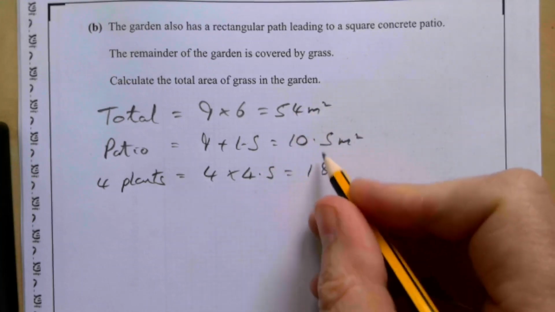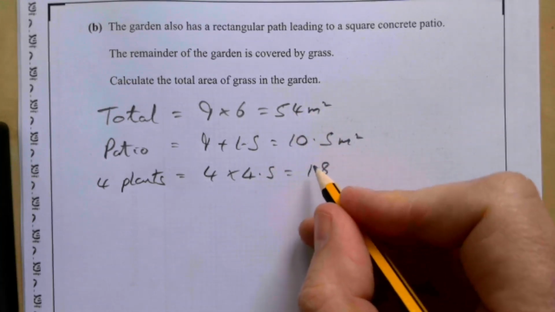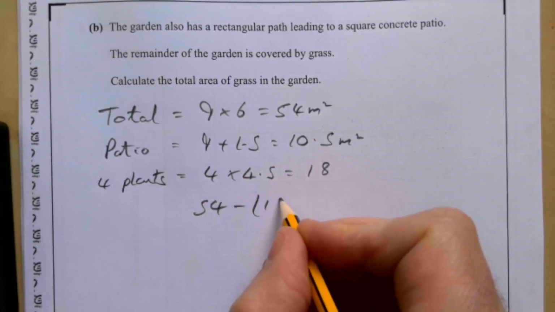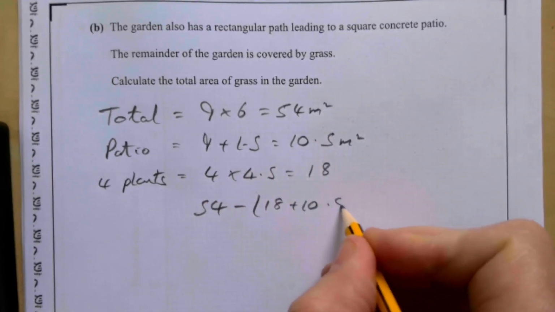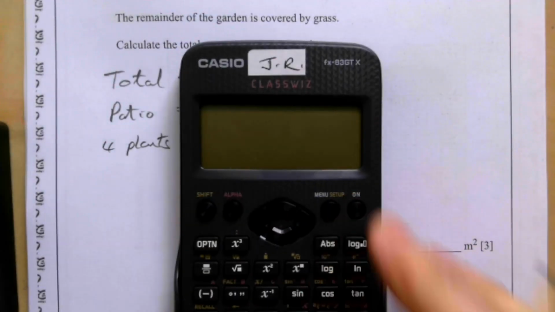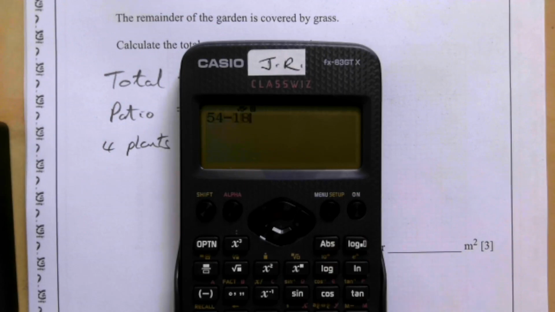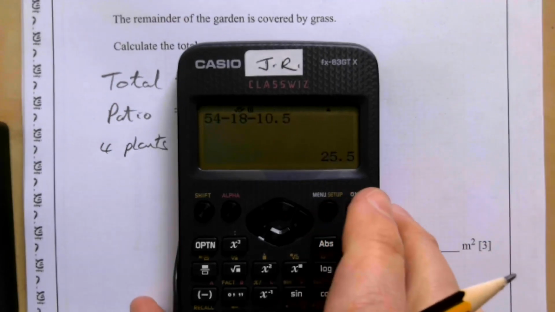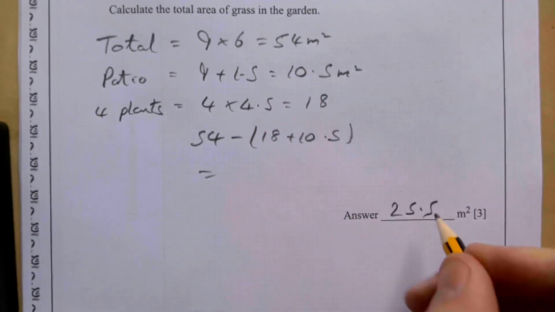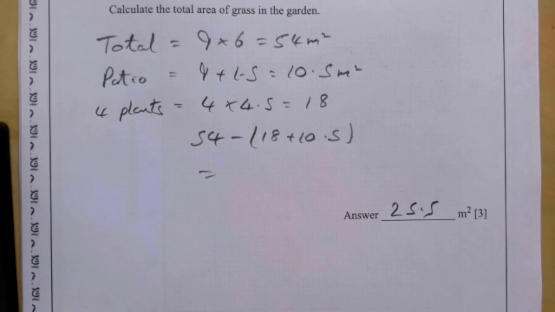So 54 take away 18, take away 10.5 gives me 25.5, and that's in meters squared.